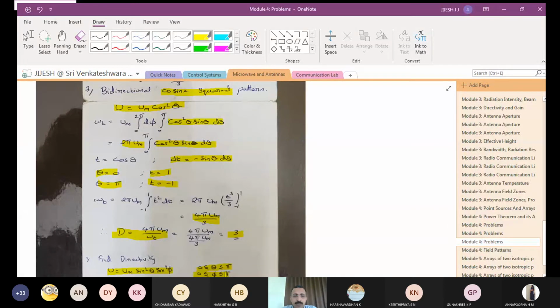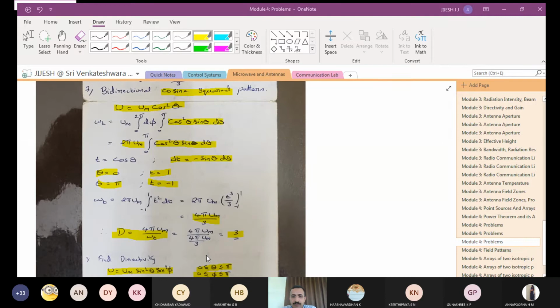U is equal to sine square theta sine cube phi. You can start doing it. I want the answer from you. Those who are completing, please let me know what the answer is. You can unmute and say. We have done almost so many problems, 8 to 10 problems. So let us see how you go with the integration. It is sine square theta sine cube phi. You need to substitute sine theta d phi, so it will be sine cube theta sine cube phi.